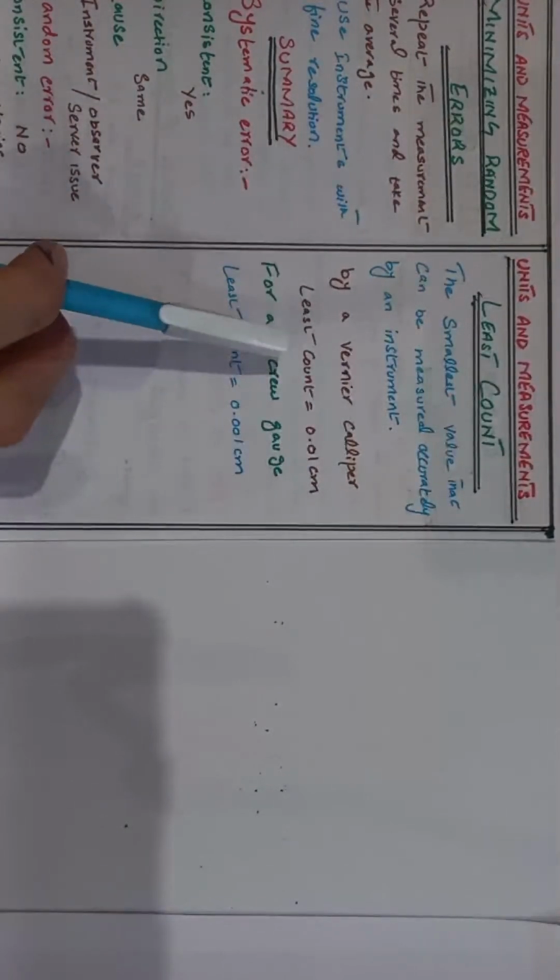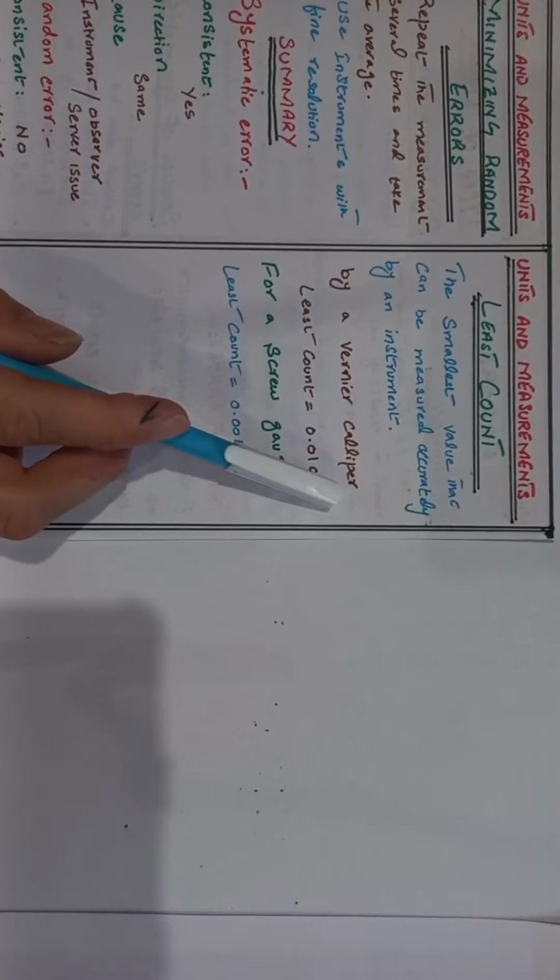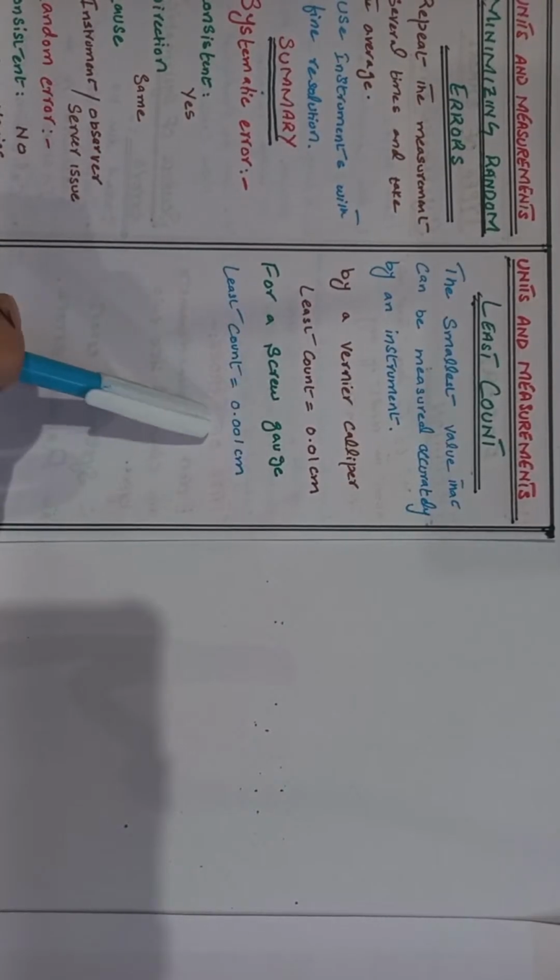So the smallest value that can be measured by vernier calipers is 0.01 centimeter, and by the screw gauge we can measure the smallest value of 0.001 centimeter. That is what we discussed in short about the vernier calipers and screw gauge.